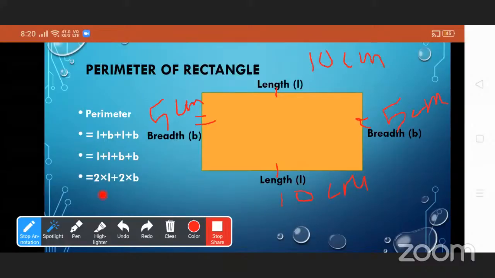So 2 into L plus 2 into B. What is the length of this rectangle? 10 plus 2 into 5. 2 into 10 is 20 plus 2 into 5 equal to 30. Means the perimeter of this rectangle is 30 centimeters.